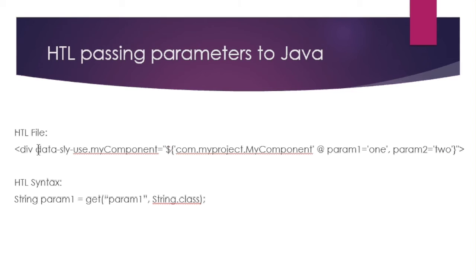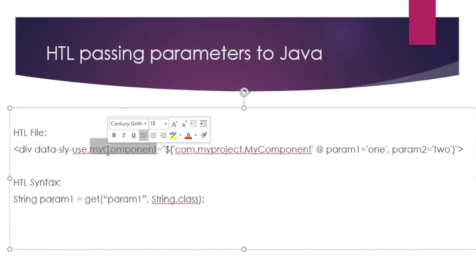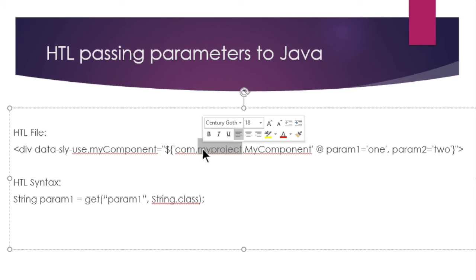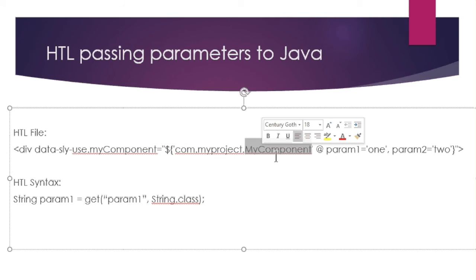And the way I did that is data-sly-use my component. That's just the data provider. And then I'm calling the data provider my component. And by using add param1 and param2, these are the parameters you're passing in. Param1 and param2 are the names of the variables, if you will, and 1 and 2 are the values you're passing in.